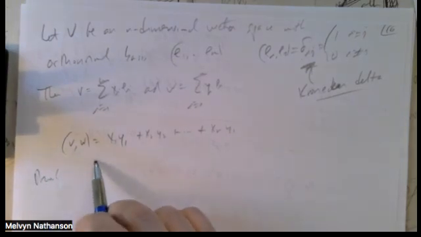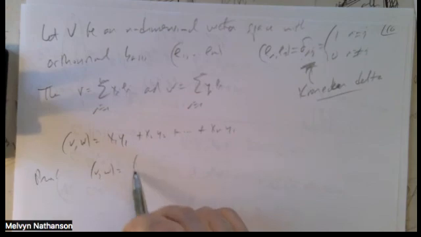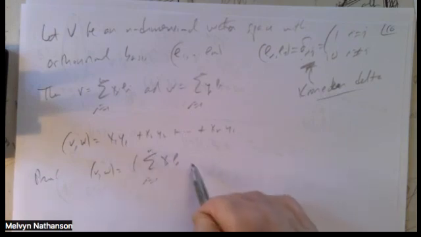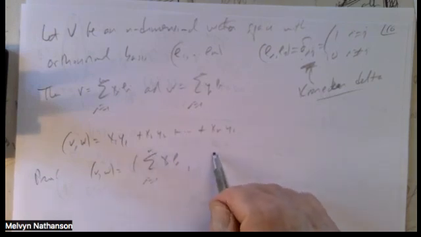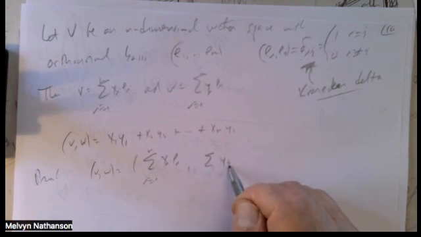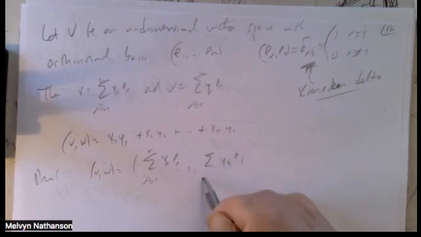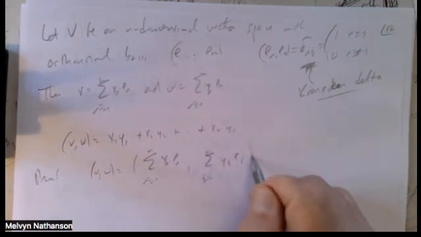And the proof is that the inner product of V and W, where V is the summation of xi ei, i goes from 1 up to n, and W is the summation of yj ej, j goes from 1 up to n.